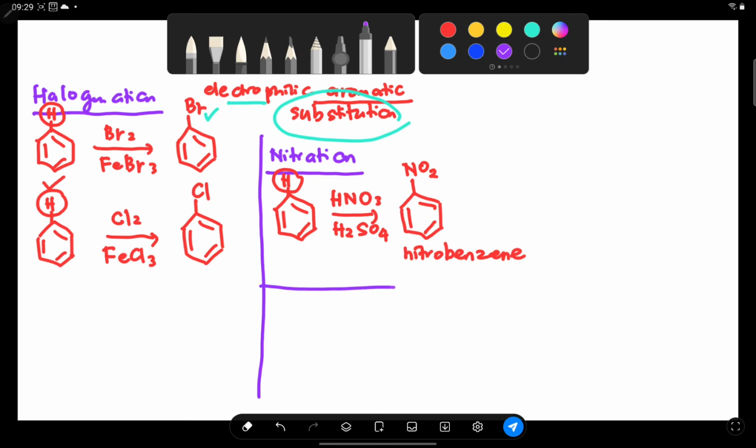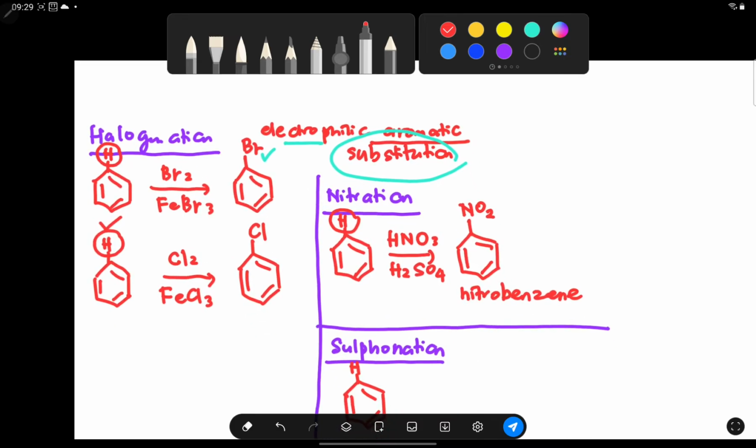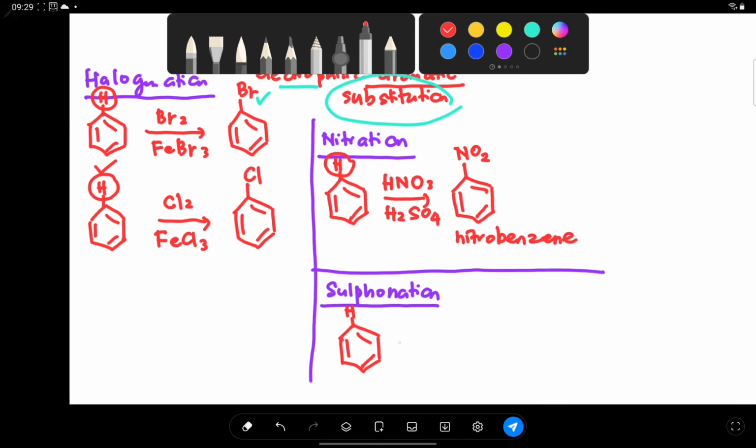Then sulfonation. Okay, what is sulfonation? So you have an example here, a benzene ring with hydrogen, reacting with sulfur trioxide in the presence of sulfuric acid.